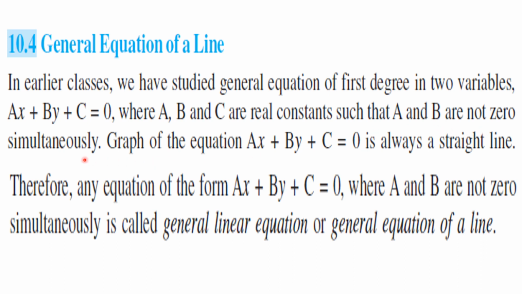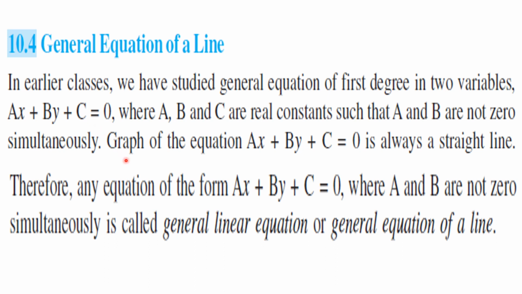Do you remember this point, my children? This equation ax plus by plus c is equal to 0 is a first degree equation in two variables x and y, where a, b and c are real numbers and a and b should not be 0 simultaneously.